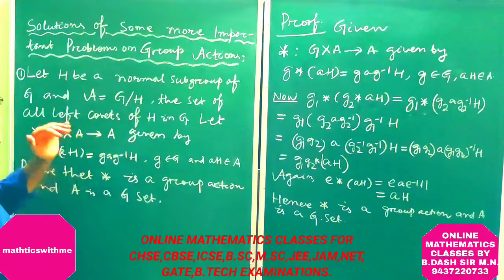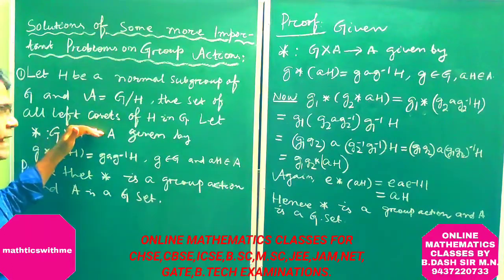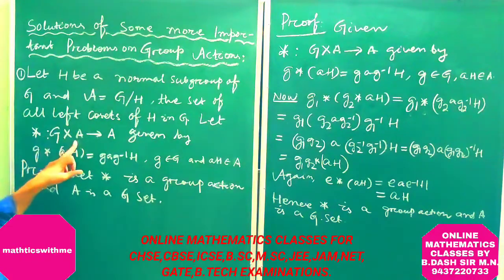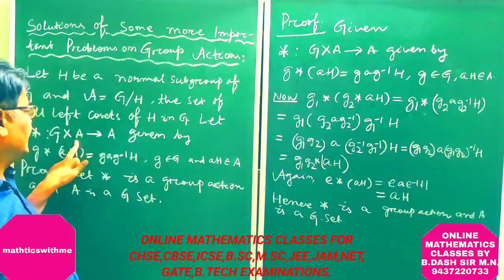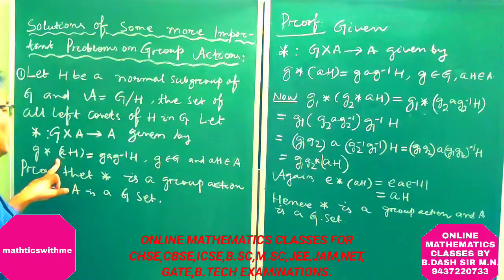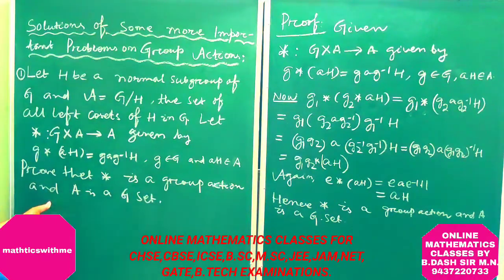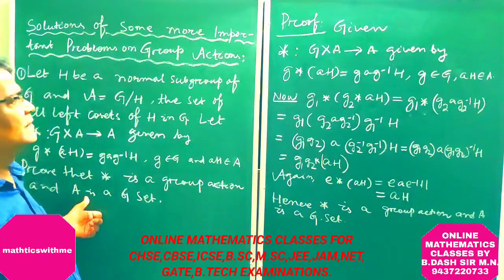Here the question is, let H be a normal subgroup of G and A equal to G by H, the set of all left cosets of H in G, and star mapping from G cross A to A given by g star aH equal to g inverse H, and we have to show that this star is a group action and A is a G-set.